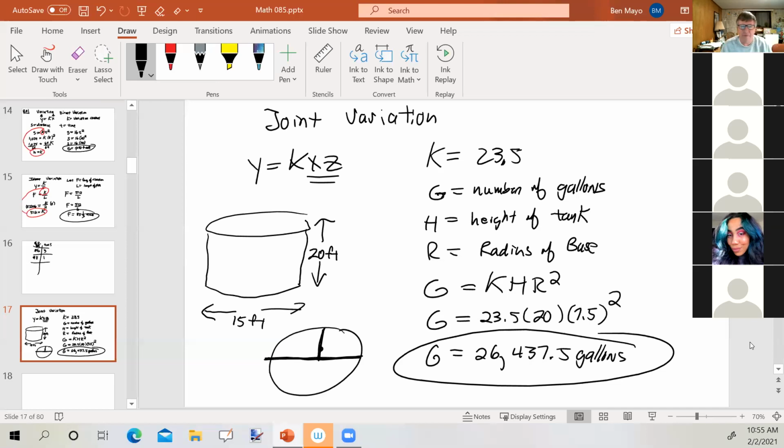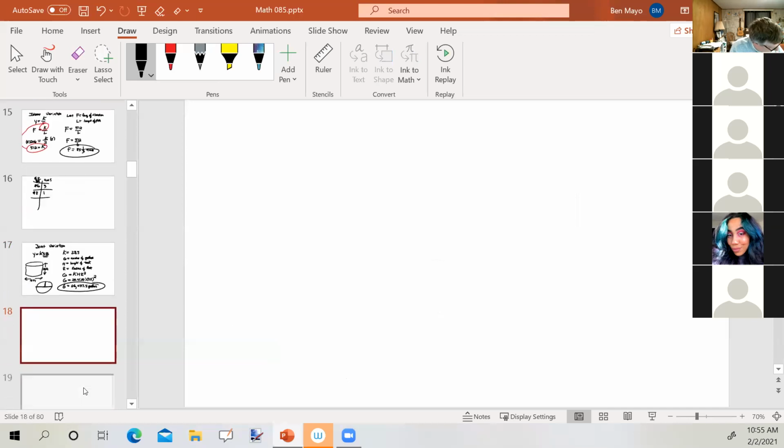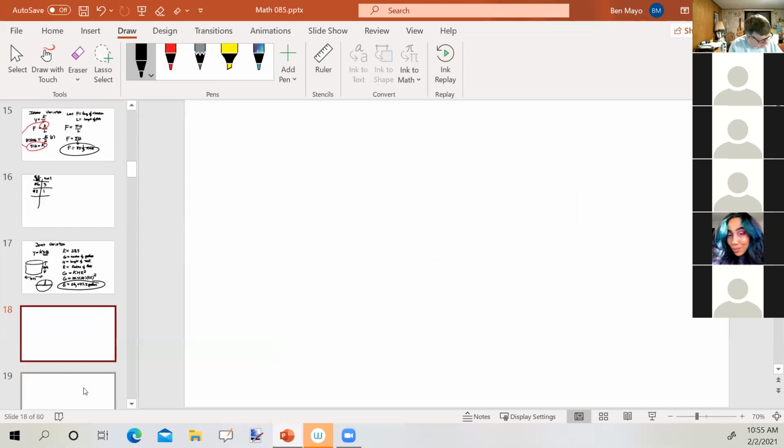All right, now we're going to look at a verbal description, translating it into a formula description. A varies directly as the square of P. Again, K wasn't mentioned, but it's there.